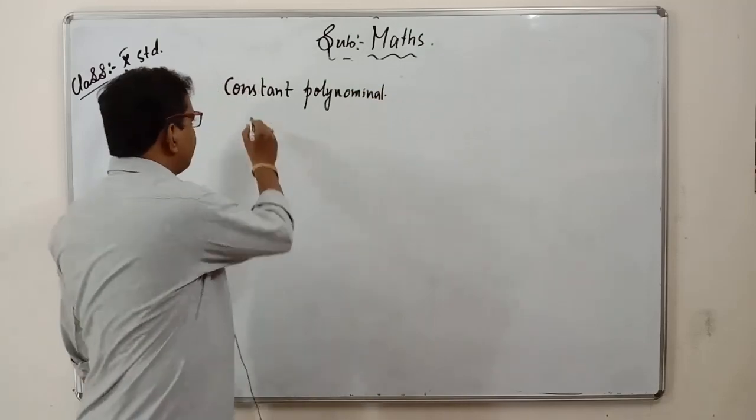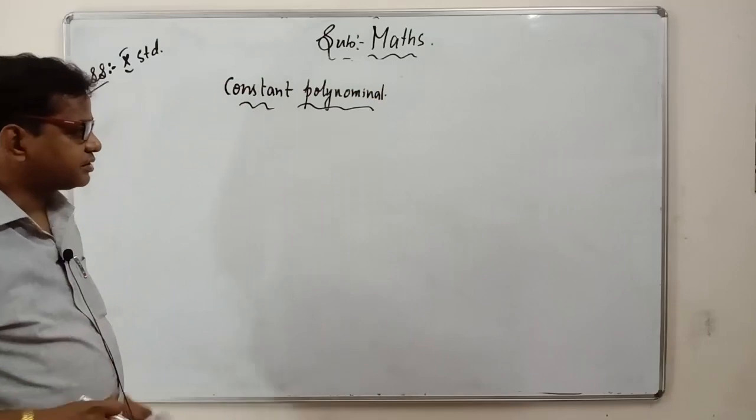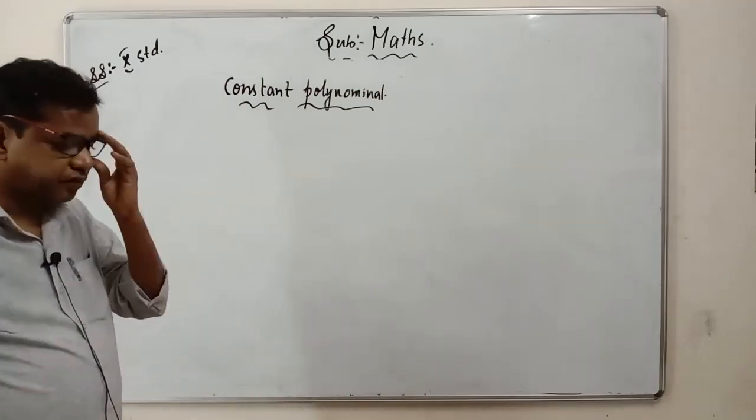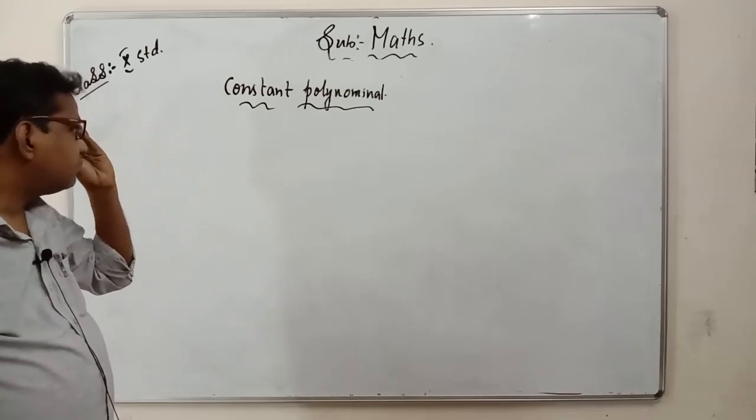What is constant polynomial then? We have seen the degree of 1, the degree of 2, the degree of 3, as well as the degree of 4, but here we have constant polynomial.